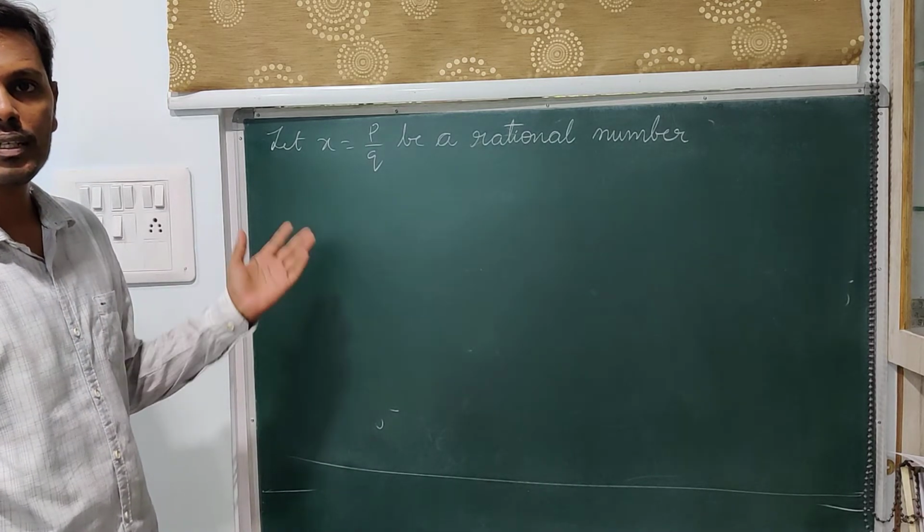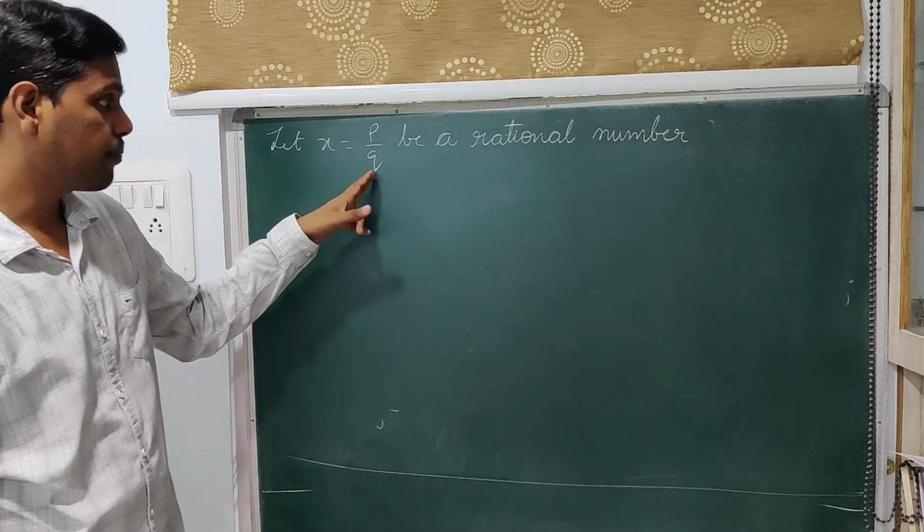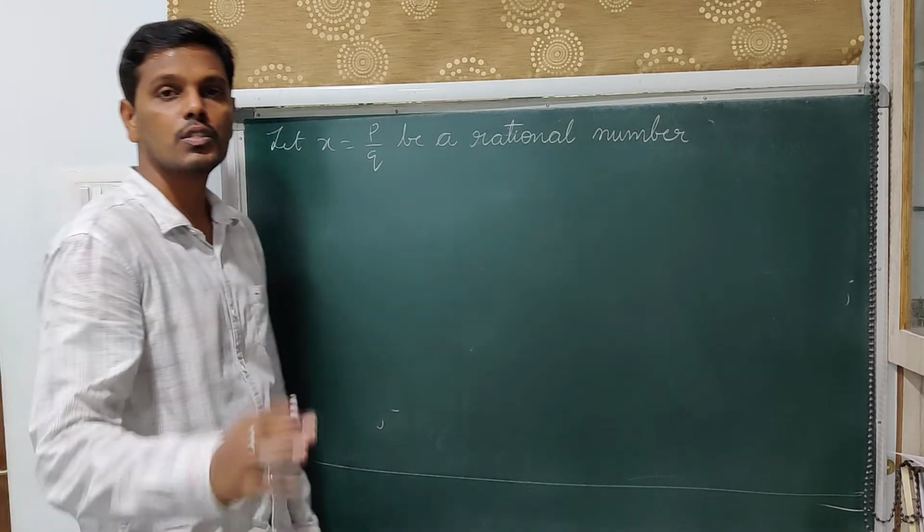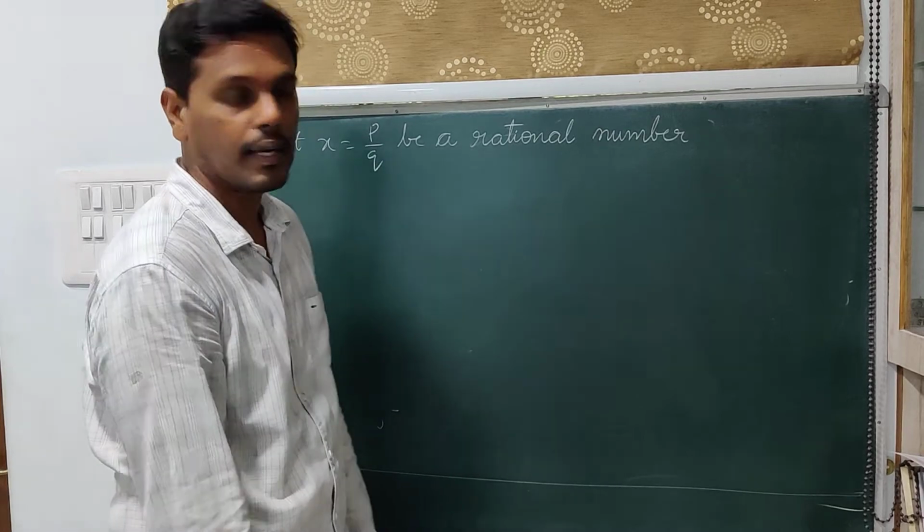Now I am assuming that its denominator's prime factorization is of the form 2 power m into 5 power n.